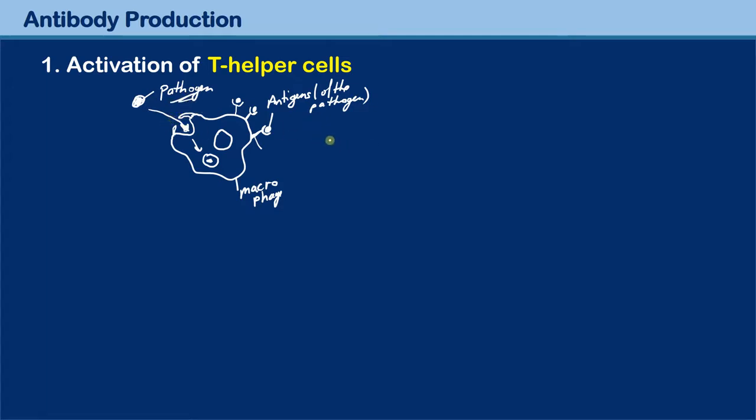Then what happens next is this macrophage wants to alert and warn other white blood cells, the so-called T helper cells. The macrophage is not a T helper cell. I will now draw my T helper cell.